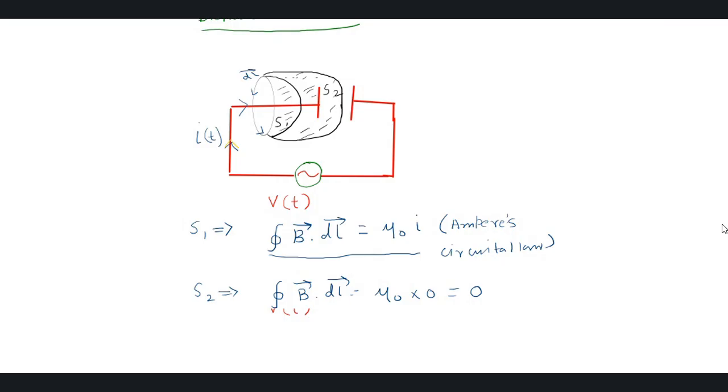So you see, if we apply only the Ampere circuital law, there arises a discrepancy, because we are getting the closed integral of the magnetic field along the same contour once having some finite value and once suggesting it should be 0.